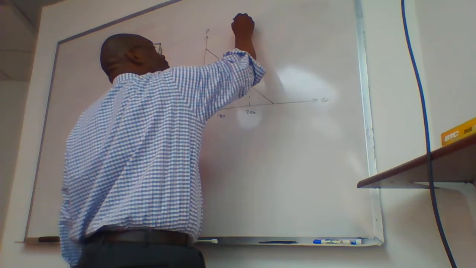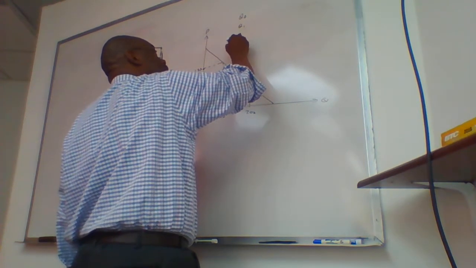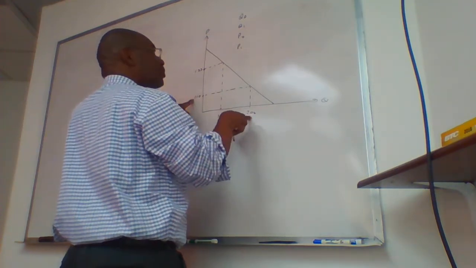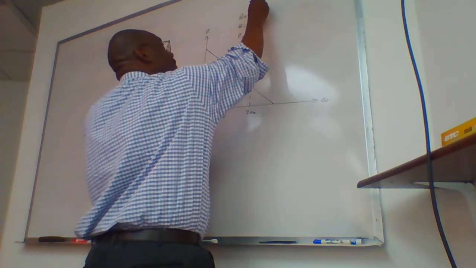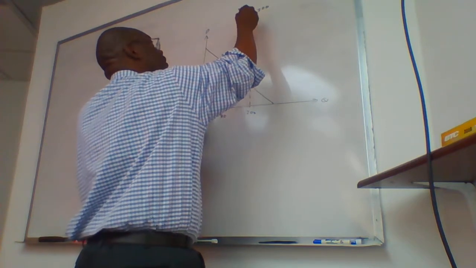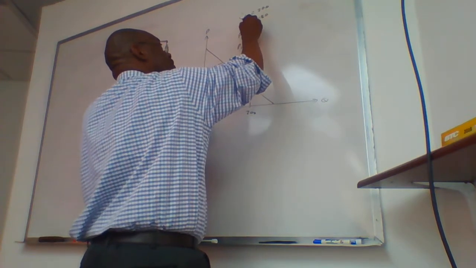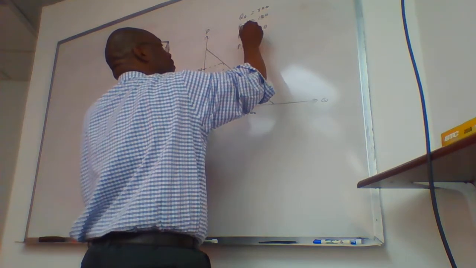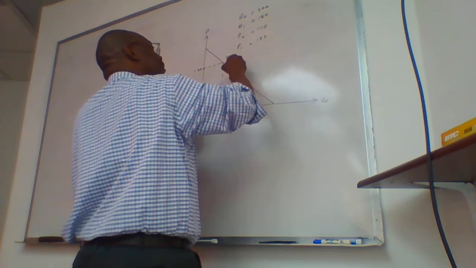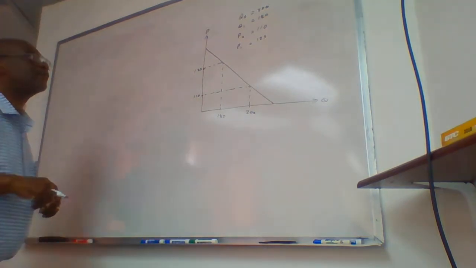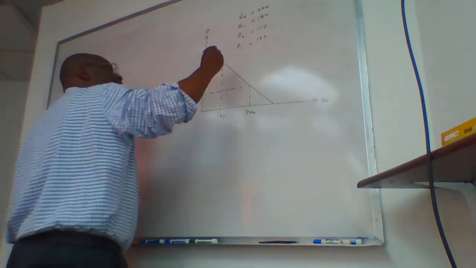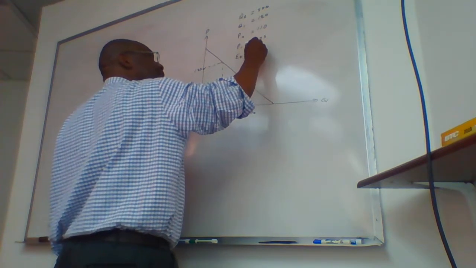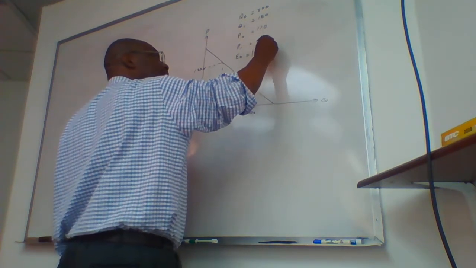And in fact, just to help us out, let's call them Q0, Q1, P0, P1. Q0 we said was 200. Q1 is 180. P0 is 110. P1 is 125. And when we did this, we ended up with an elasticity of absolute 0.7331.